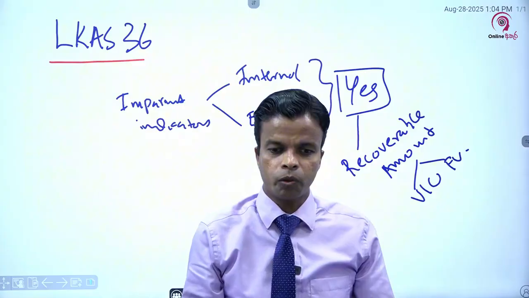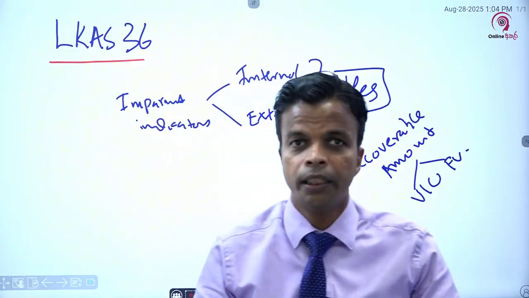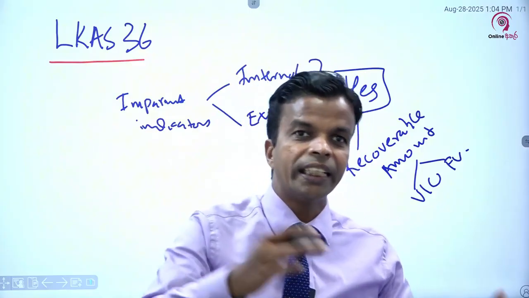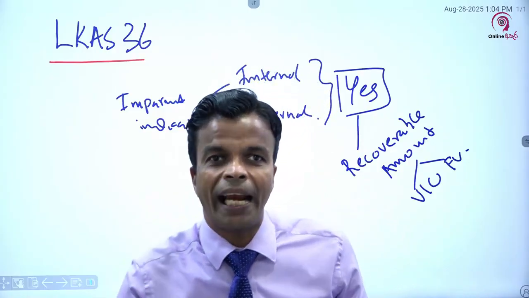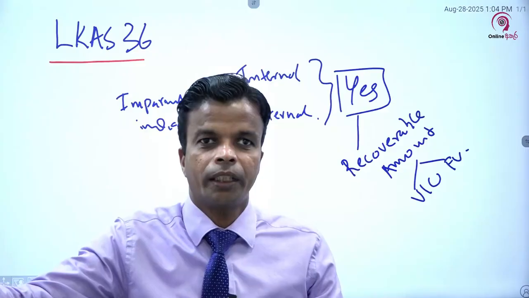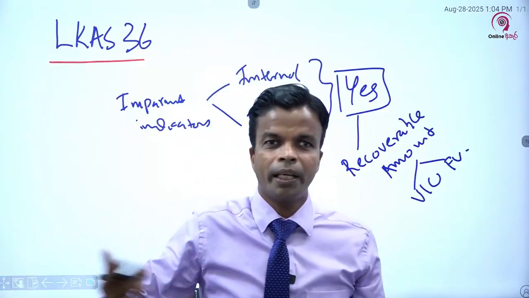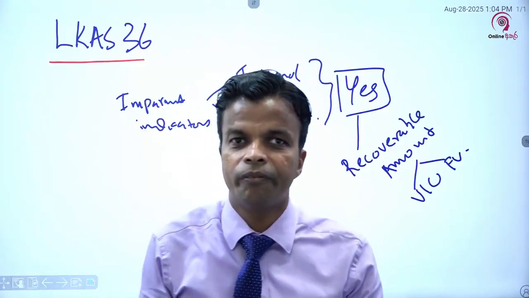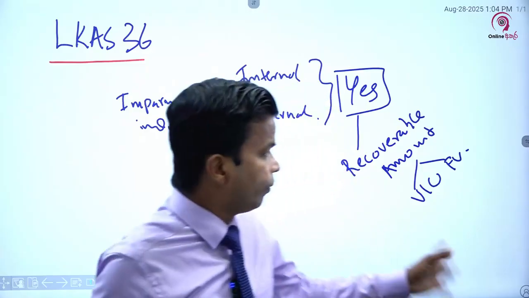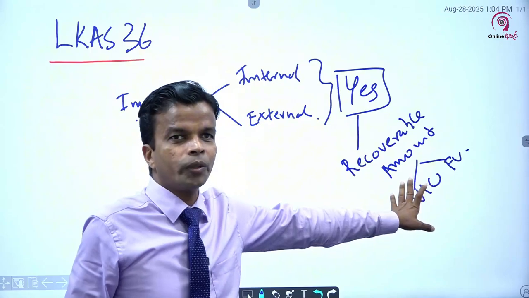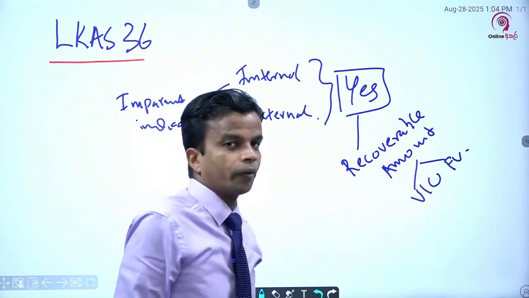However, most of the time in practice, entities like to go for value in use calculation rather than fair value, because they don't have a plan to sell it. If you don't have a plan to sell it, applying fair value may not be meaningful. So first what you do is, the standards say that you can apply both and you should get the higher of it, right?